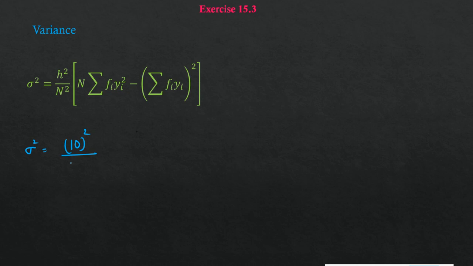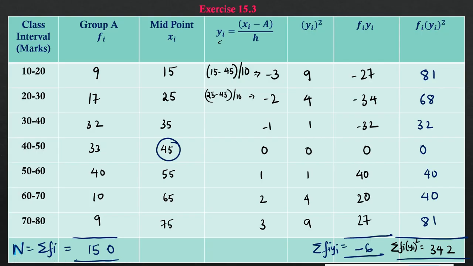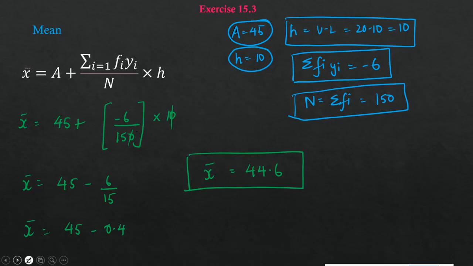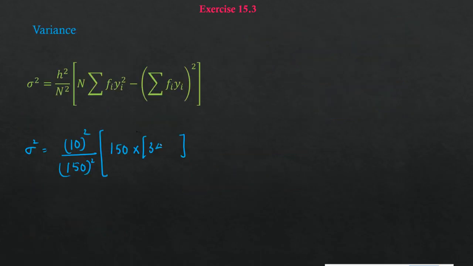N is going to be 150. 150 whole square multiplied by n, which is going to be 150, multiplied by sigma fiyi square. This I have got as 342, and here minus of sigma fi I have got as minus 6 whole square.